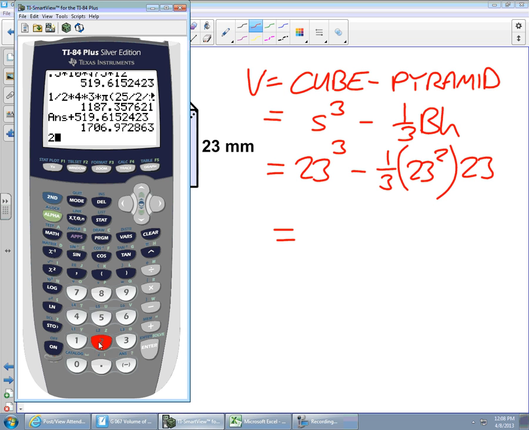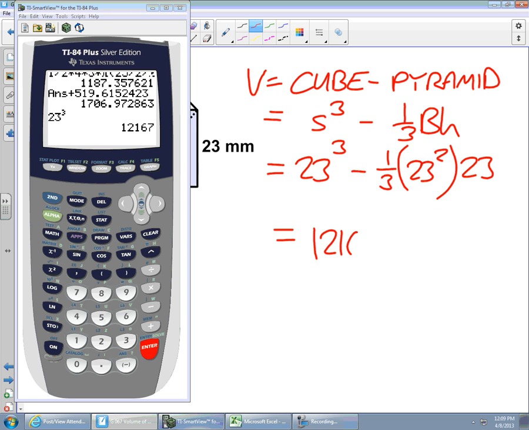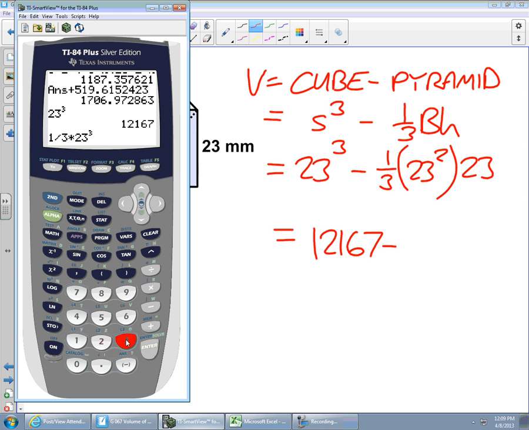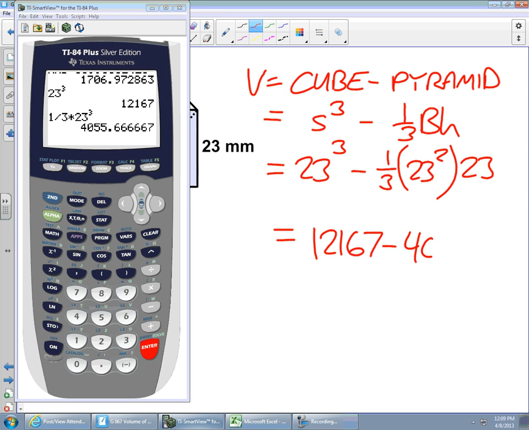You can come to your calculator and let's get this thing one step at a time. 23 cubed is 12,167. And then you can go, okay, I've also got 1/3 of 23 cubed, which is 4,055.6 repeating, and 0.6 repeating is just 2/3.